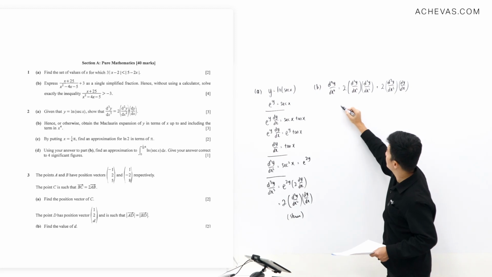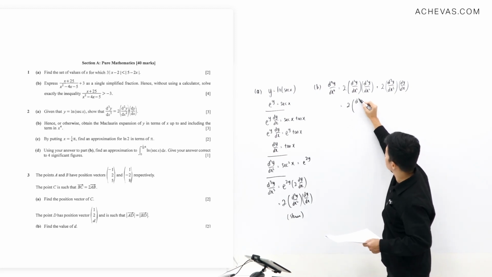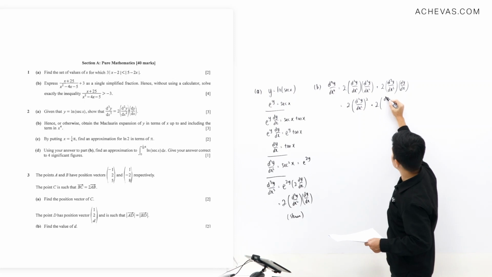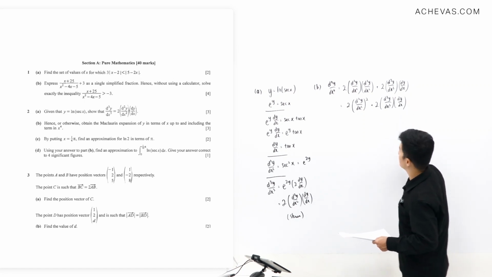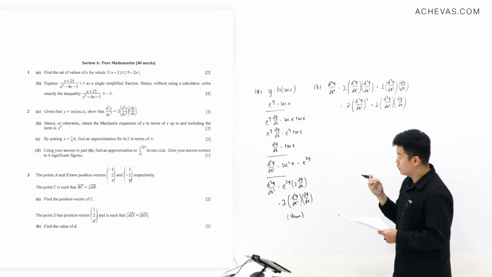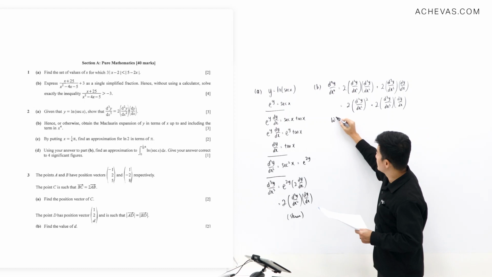So what we have is going to be 2 times this times this, which is d squared y dx squared, plus, I don't think I can change much for this, so I am going to leave this just like this. So this is d4y dx4.